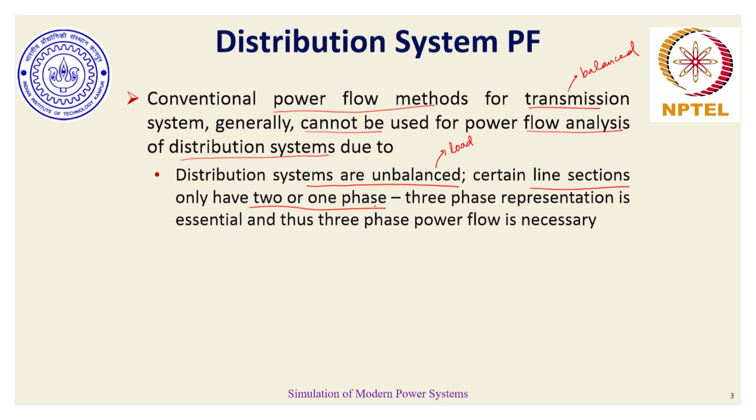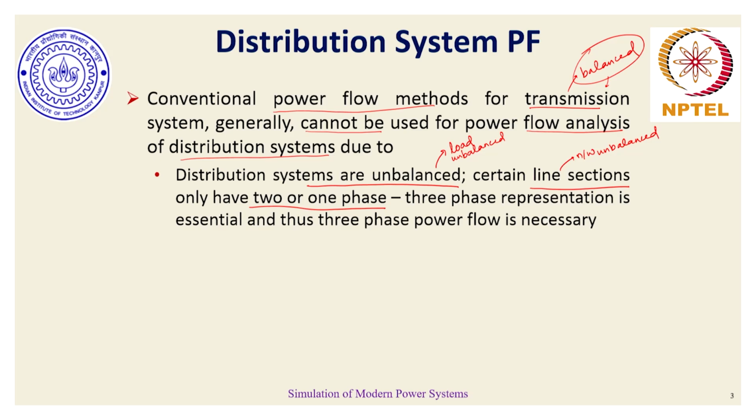It may happen that across a radial feeder, only one phase is protruding out to the next section, while the previous feeder had only the remaining phases considered. So, it's not just because we have unbalanced loads, which is also true for distribution networks, the network itself is also unbalanced. And if this is the case, then how do we apply the balanced transmission network power flow methods that we have discussed so far?